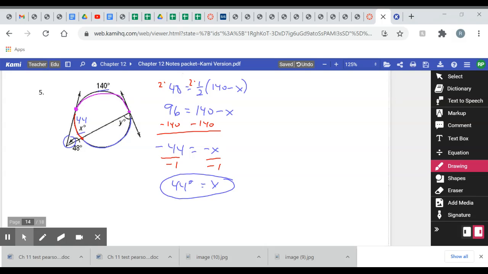So if I add up 140 plus 44, that gives me 184. And if I go 360 minus 184, I get 176. So I know that this arc is 176, and I know that y is like an inscribed angle, which is going to be half of the arc that it intercepts. So I know that y is 176 divided by 2, which is 88 degrees.